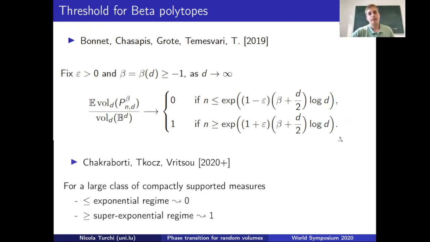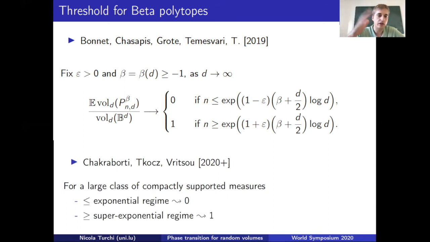Let me add the fact that recently Chakraborty, Kotz, and Vritsu have found a general recipe that tells you that, at least for many, many measures that you pick your points with, the exponential or sub-exponential regime makes the volume ratio go to 0, and the super exponential regime makes the volume ratio go to 1.